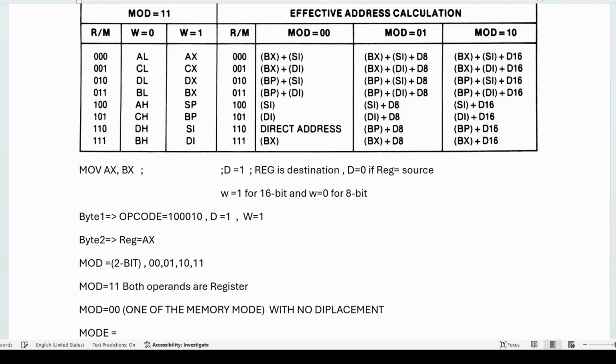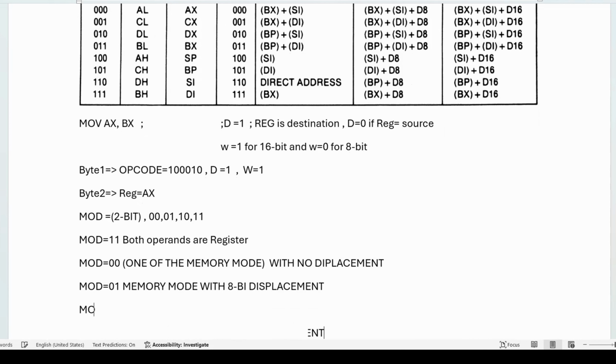Mod equals to 01 means memory mode with 8-bit displacement. Mod equals to 10 is memory mode with 16-bit displacement.